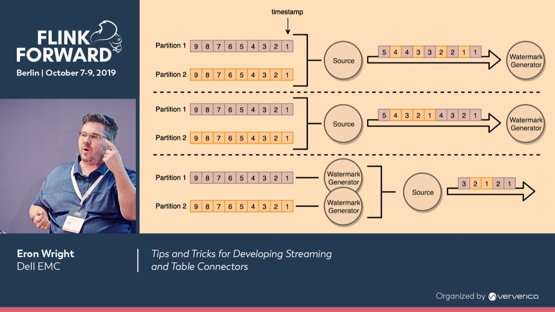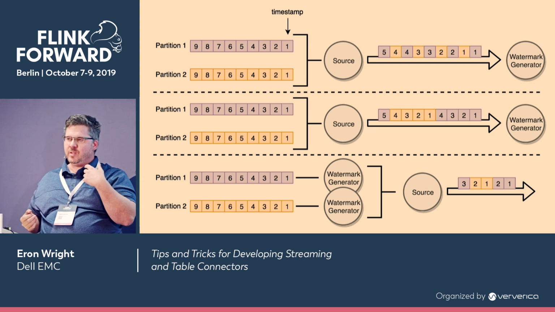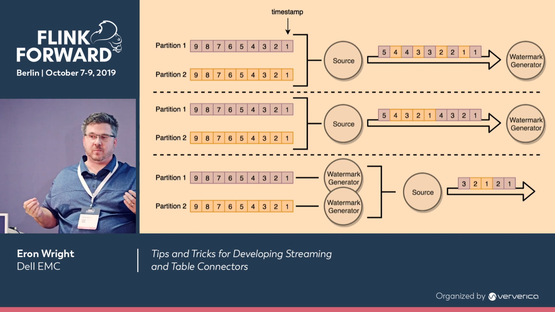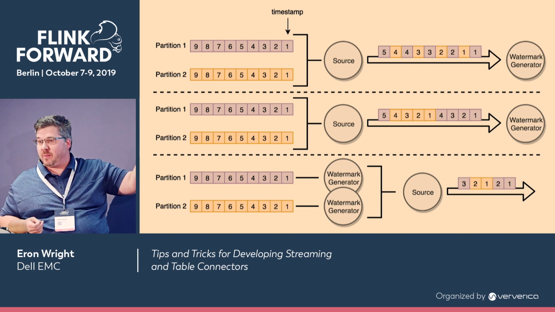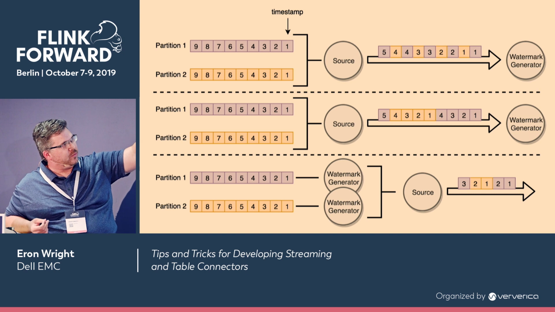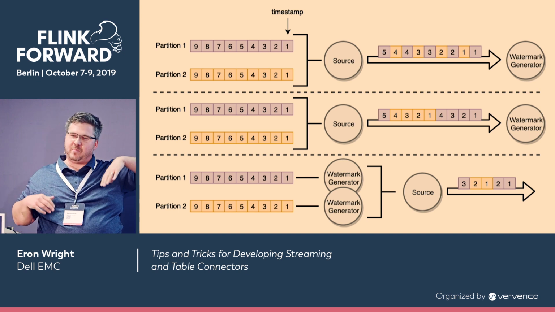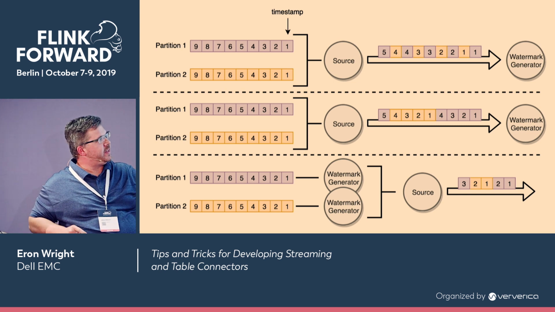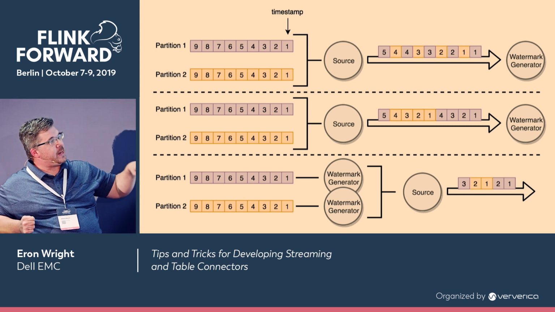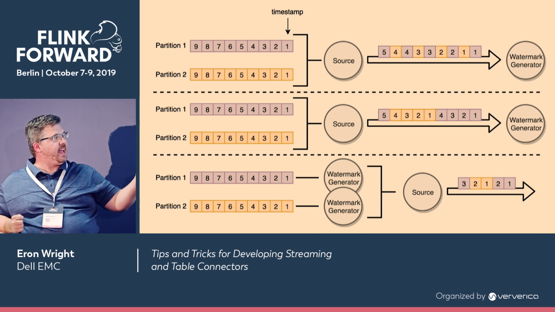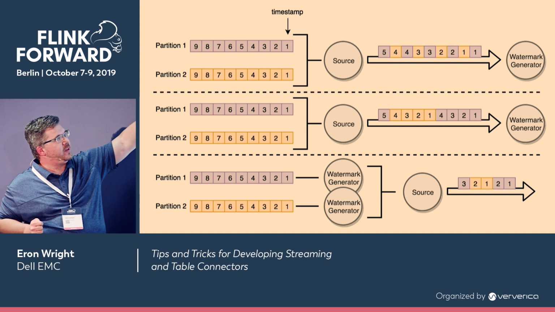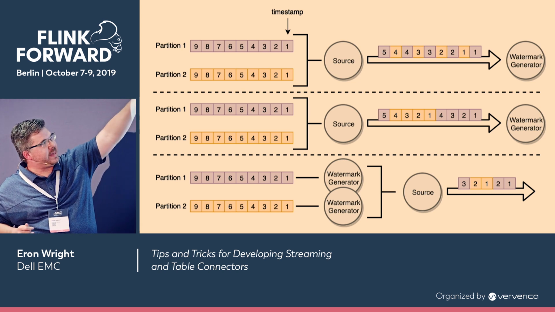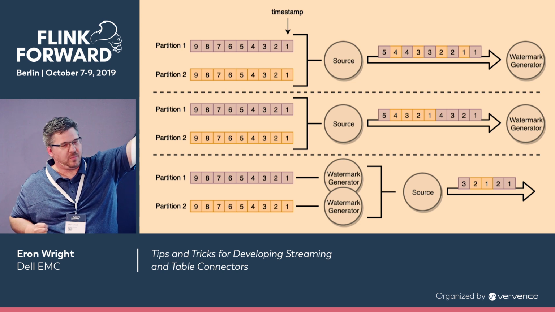Now imagine you were writing a watermark generator for this. You've probably used something like the bounded out-of-orderness generator. That generator is probably going to work pretty well because it'll observe 1, 2, 3, and it'll probably be able to generate a reasonable watermark. But what if there was an abundance of available data and this connector wasn't designed to maximize this kind of output?